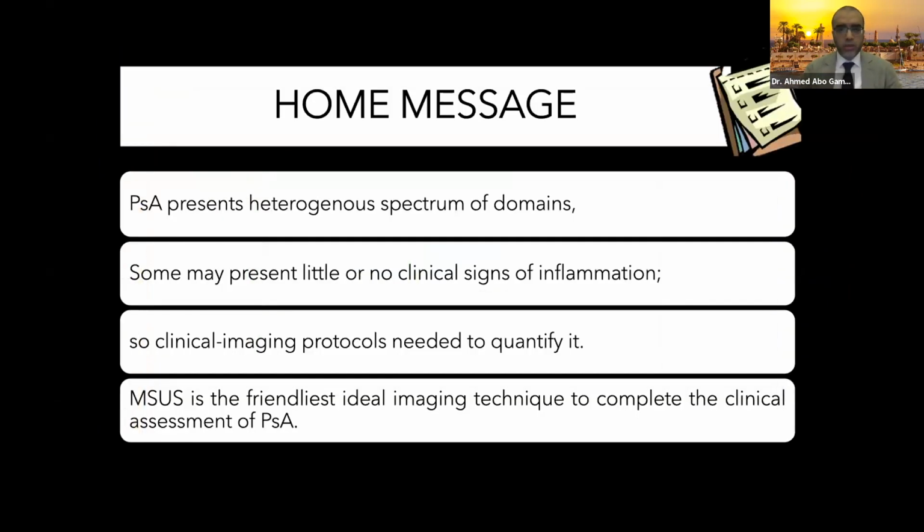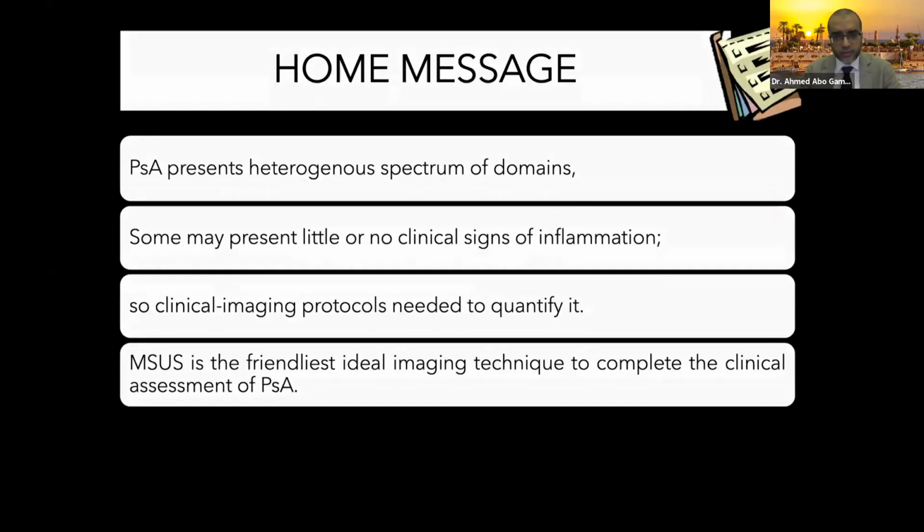Finally, we got in time to the take-home messages. As we said, psoriatic arthritis usually presents in a heterogeneous spectrum of domains, and some of these domains present with little or no clinical symptoms. That's why we may need some help from clinical and imaging protocols to quantify these lesions. And from my side, I always recommend ultrasound as the friendliest, ideal imaging technique to complete the clinical assessment of psoriatic arthritis.